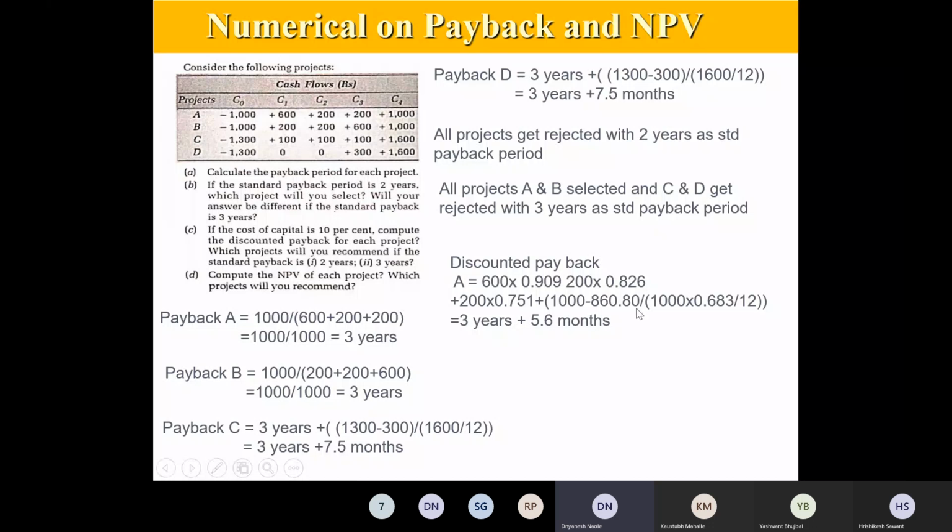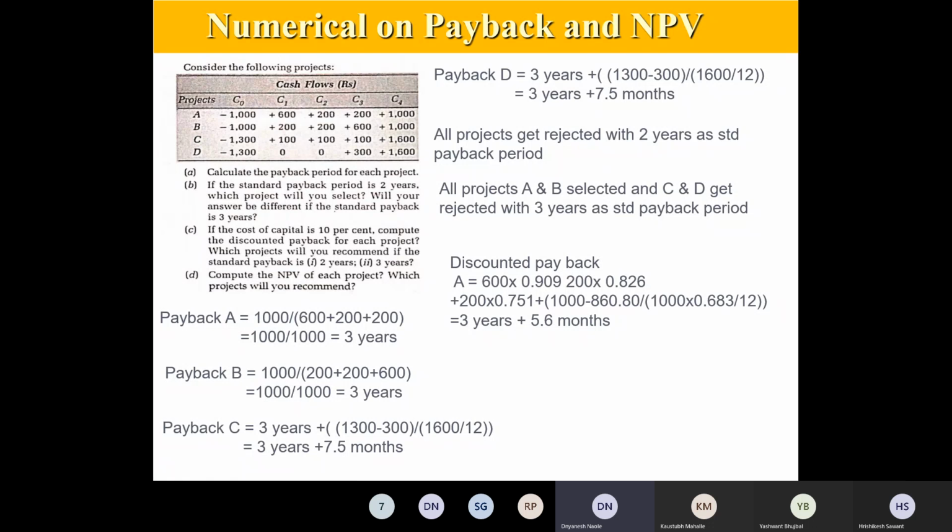So the remaining amount will be covered in the final year. The present value of 1000 rupees after 4 years: in the 10% column, fourth row, that is after 4 years, the present value factor is 0.683. So 683 divided by 12, 683 rupees is the cash inflow in terms of present value in the fourth year.